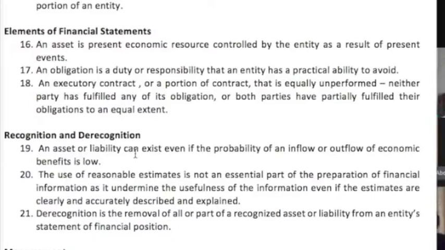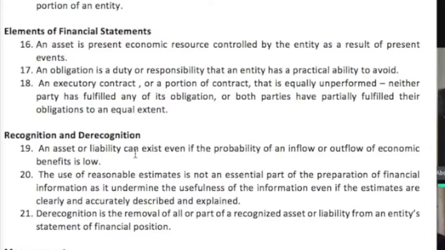Let's have number 20: The use of reasonable estimates is not an essential part of the preparation of financial information, as it undermines the usefulness of the information, even if the estimates are clearly and accurately described and explained. False.